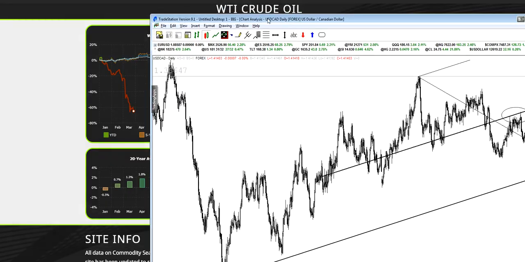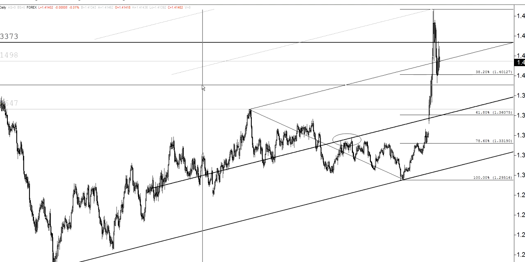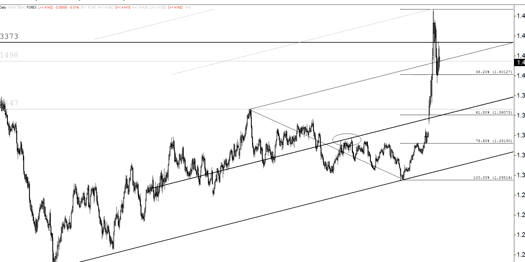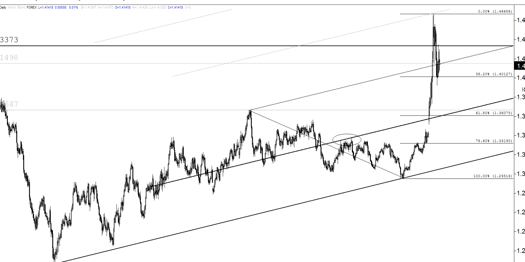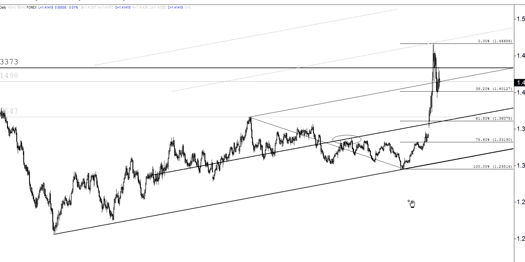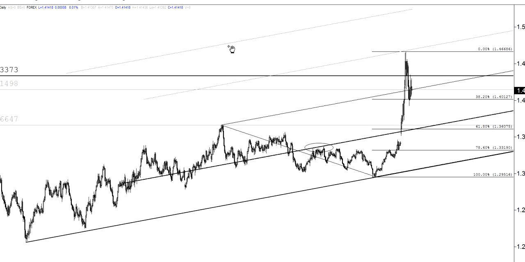and with this we are going to be looking at similar techniques. So this is a daily chart of the Canadian dollar. Remember with crude oil, I talked about the channel extension, right?